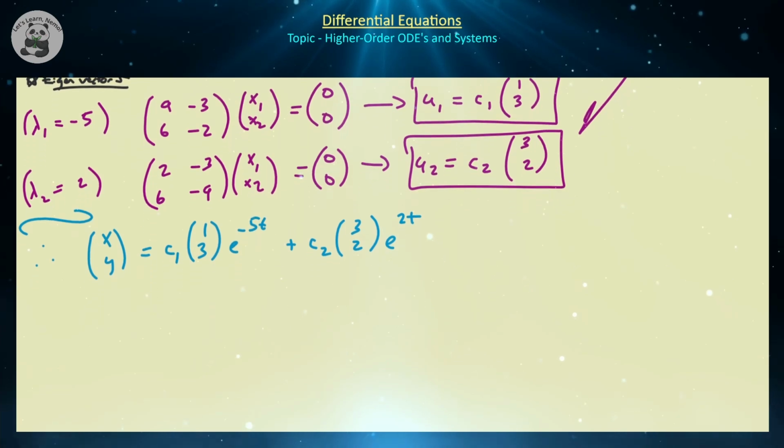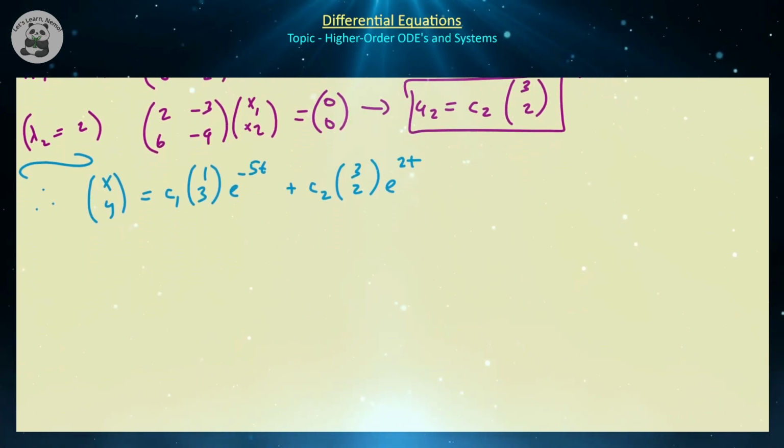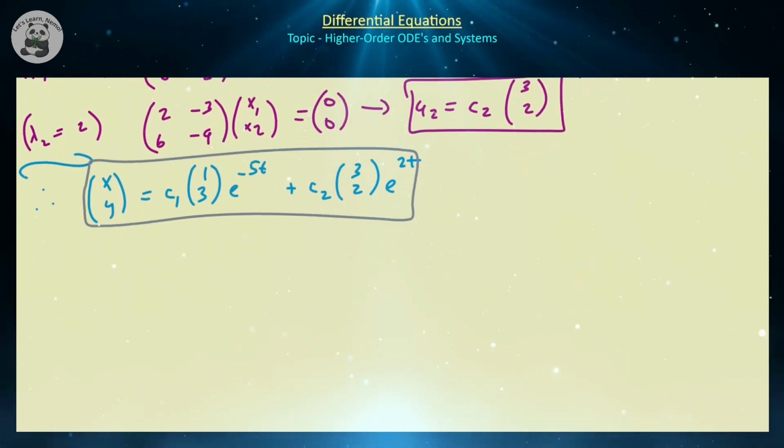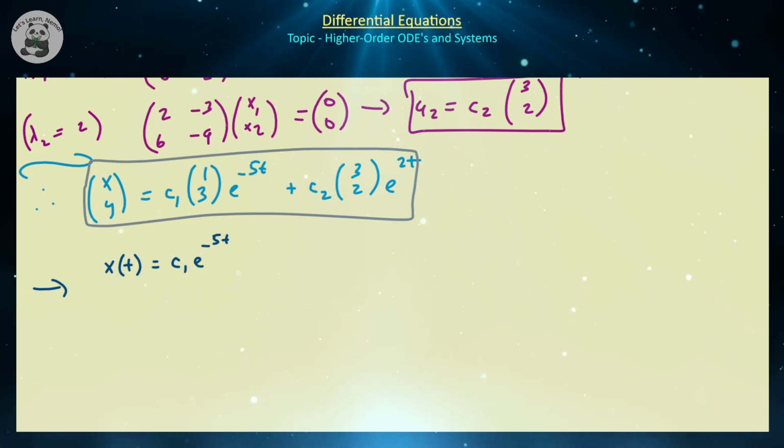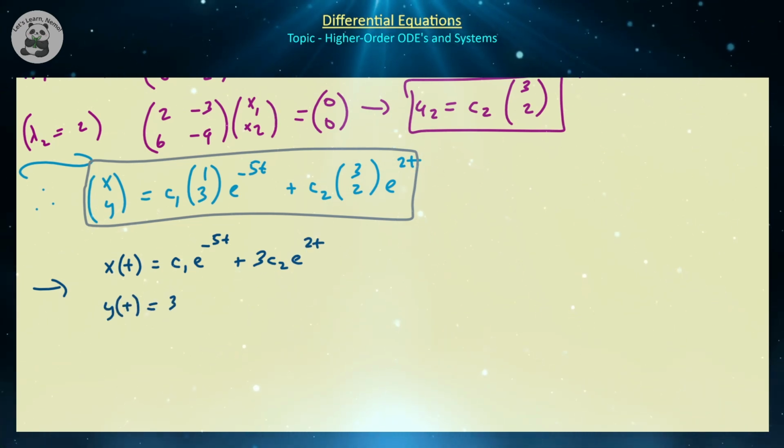So that's our vector representation for the solution to our first order system, and we can write this in expanded form as follows. In particular, x of t is equal to c1 e to the minus 5t plus 3 c2 e to the 2t, and y of t is equal to 3 c1 e to the minus 5t plus 2 c2 e to the positive 2t.